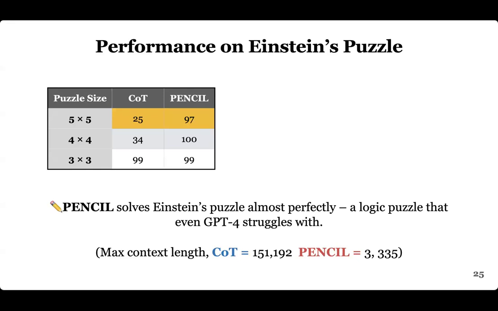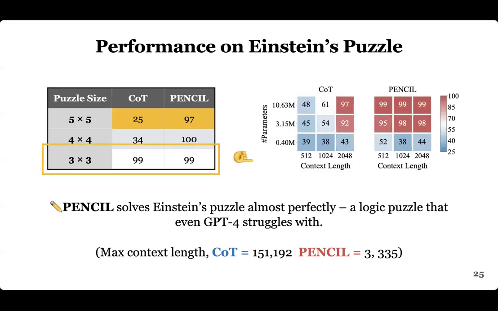It's dramatically different. And even when the size of the problem is very small, even if there are just three categories, we can see in this figure, where we compare the performance of chain of thought and Pencil using different context lengths and different models with different numbers of parameters, that Pencil can use much smaller context lengths to solve this problem perfectly.